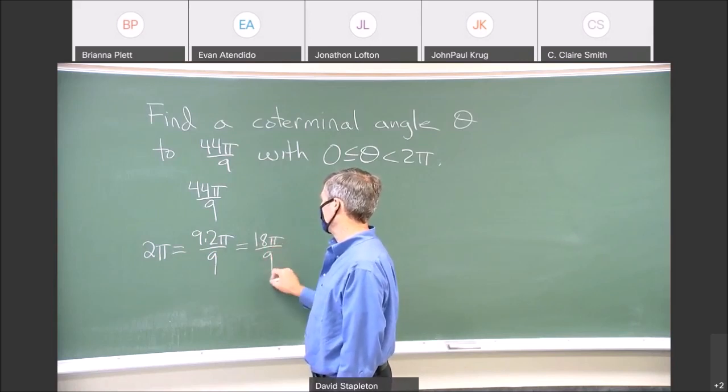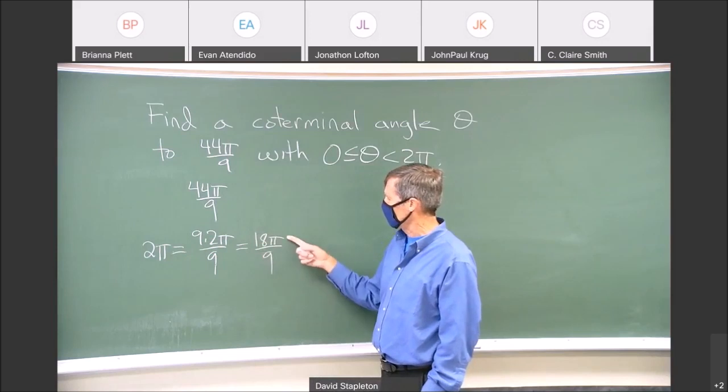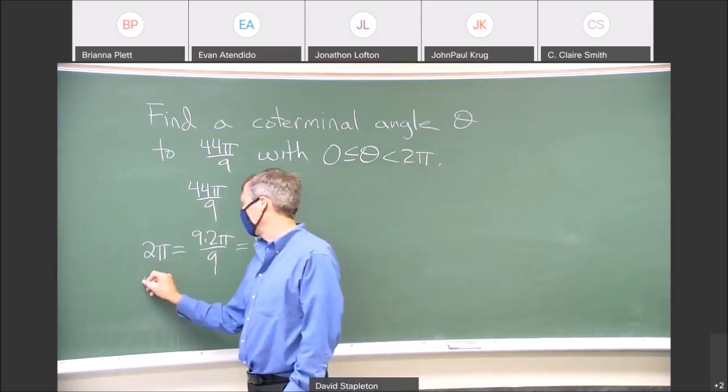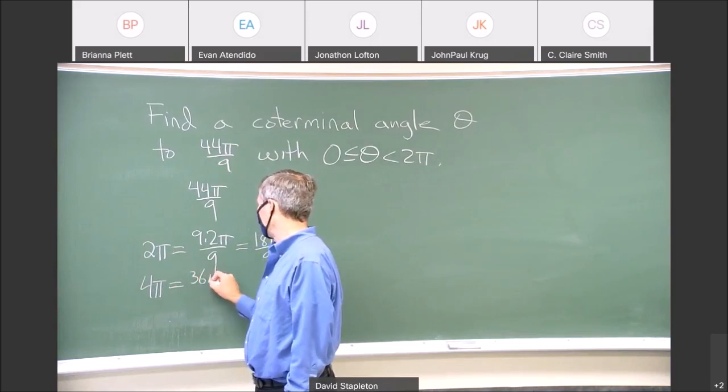How many times can 18 pi over 9 go into this? It can go in twice, right? I could get 36 pi over 9 if I took twice that. 4 pi would be twice that, or 36 pi over 9.